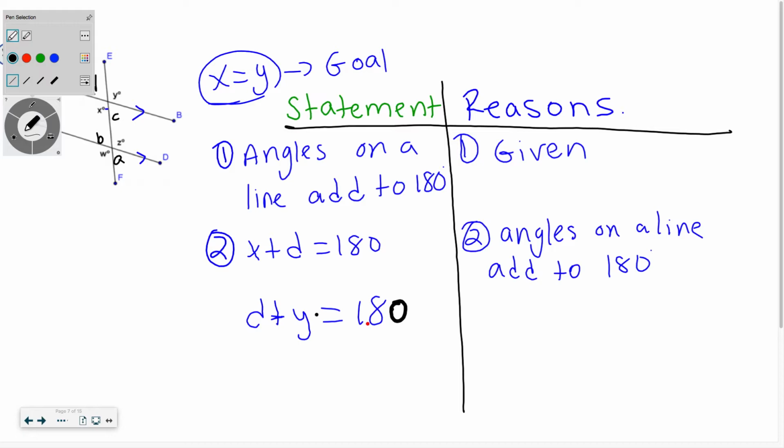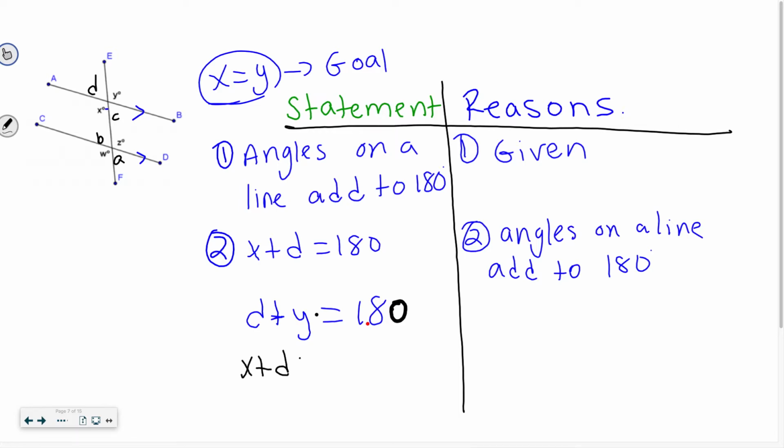I know this is going to be a little push for us, but we're going to try and conquer this. If x plus d is equal to 180 and d plus y is also equal to 180, it makes sense that x plus d is equal to not 180 anymore. Let's replace that 180 with this piece, d plus y.